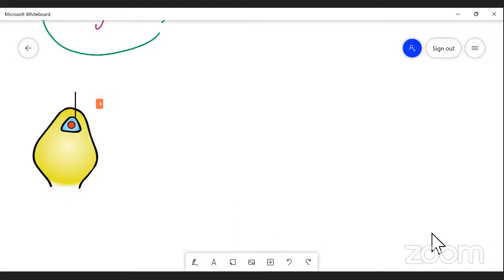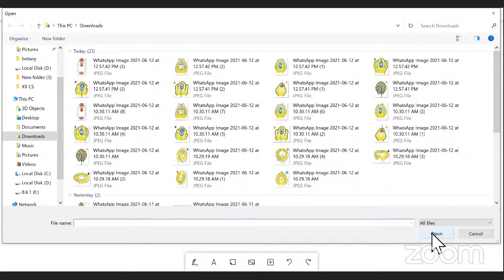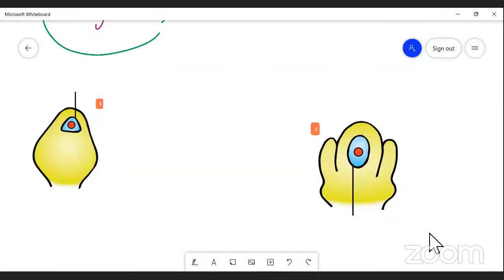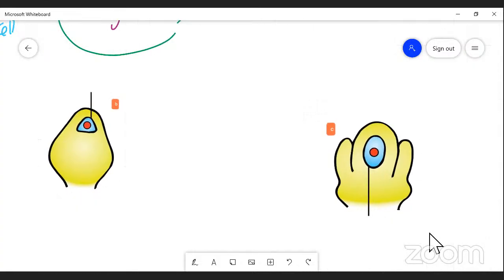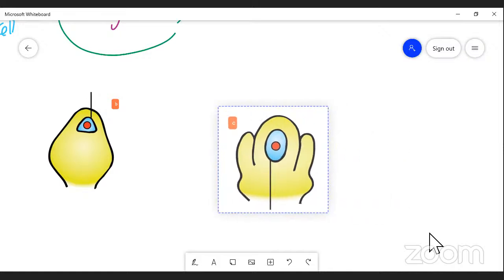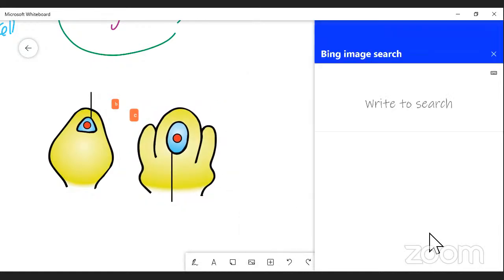The second diagram. And the third one, I'd like to compare the diagrams.